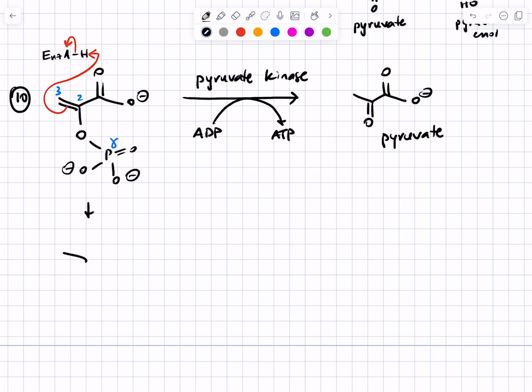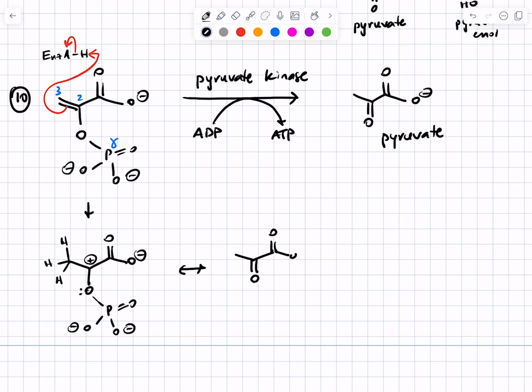You want the positive charge to be on carbon 2 because carbon 2 has an oxygen with a lone pair on it, and that can stabilize the positive charge via resonance, right? We could draw a resonance structure in which the lone pair on the oxygen forms an oxygen carbon pi bond. That would put a positive formal charge on the oxygen.